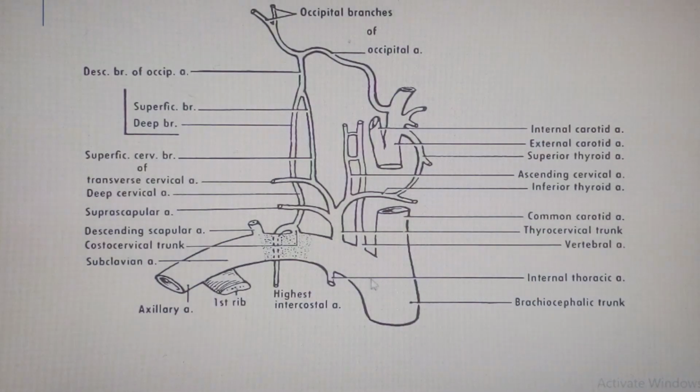Still with the branches we are looking at, the other branch that we find over here is known as the thyrocervical trunk. You can see this place is a bit darkened, showing where the scalenus anterior muscle is, meaning this artery is deep to the scalenus anterior muscle. I'll come to that.